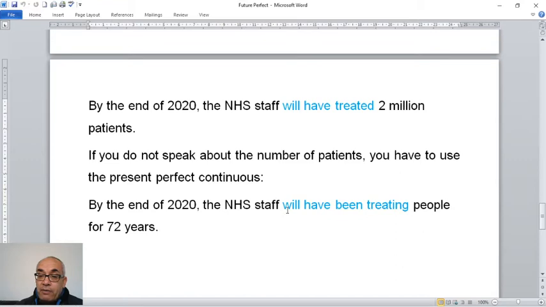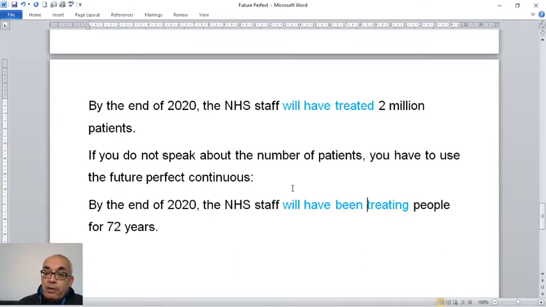And this is future perfect continuous. I put here present, it should be future perfect continuous. It's a typing mistake again. So because this one is future, and this is perfect, and this is continuous.